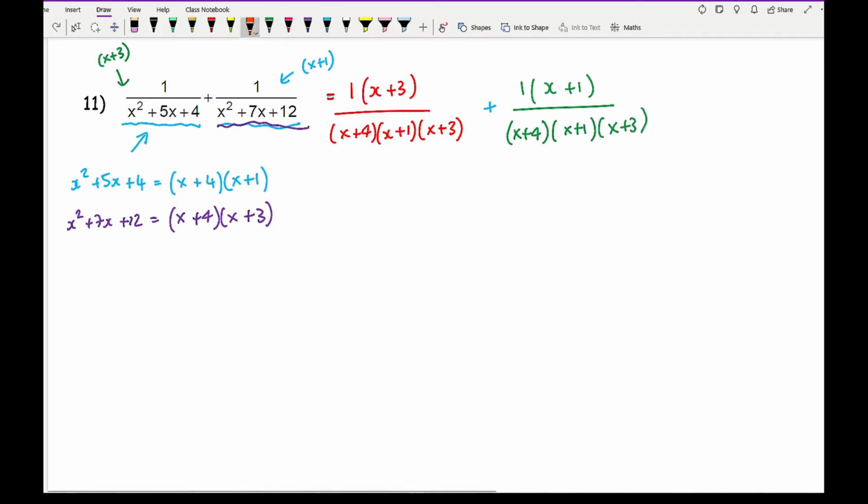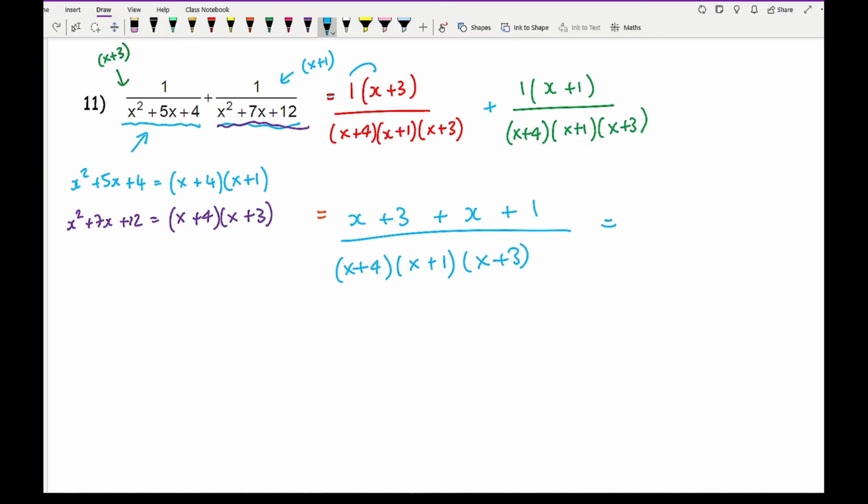And then expanding the numerators, I've got x plus 3 plus x plus 1 over x plus 4, x plus 1, x plus 3.